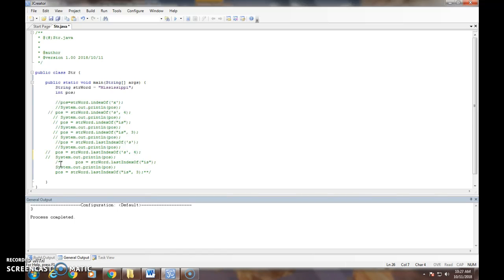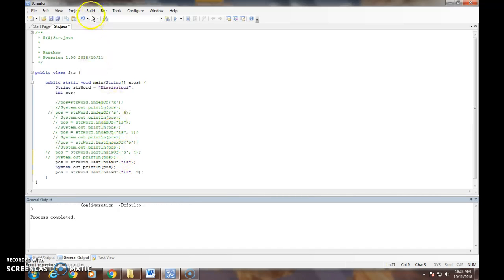And one more. Okay, so here we have position set equal to indexOf is. Okay, and it's looking for the string is.